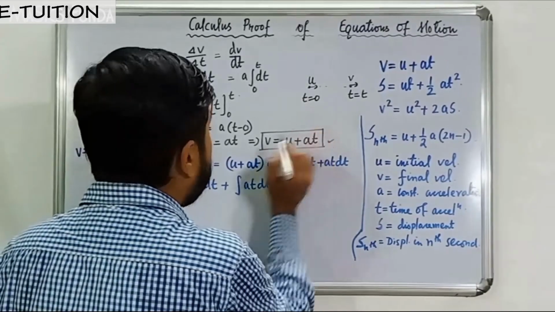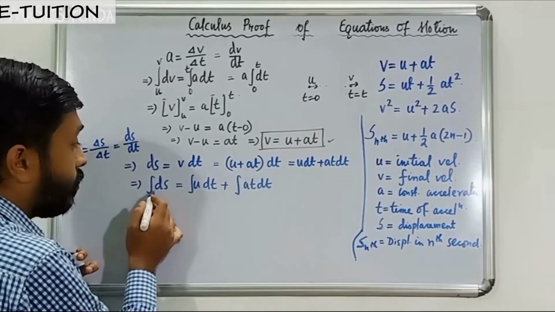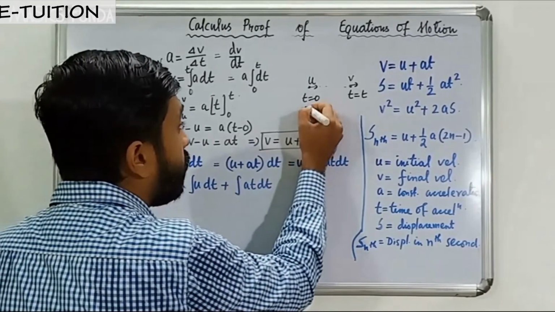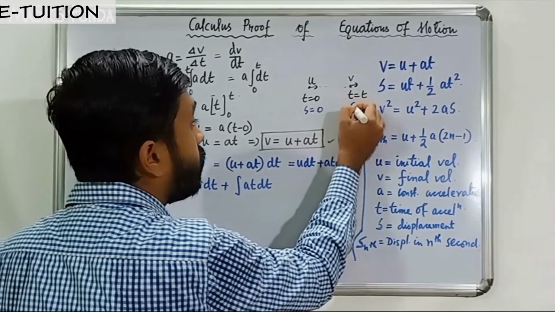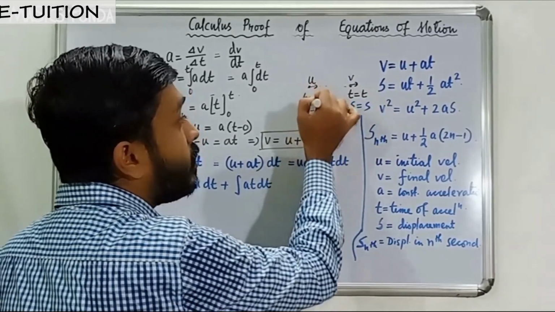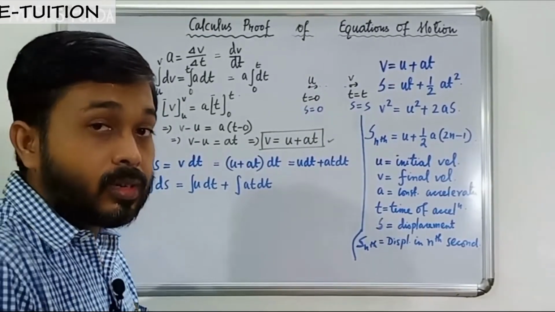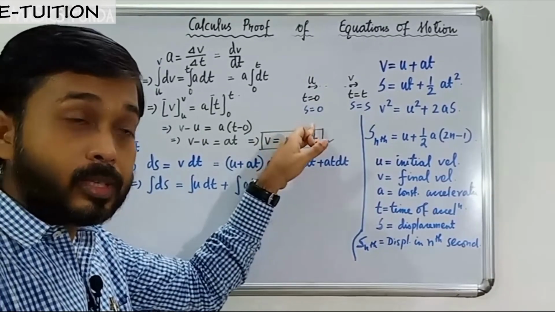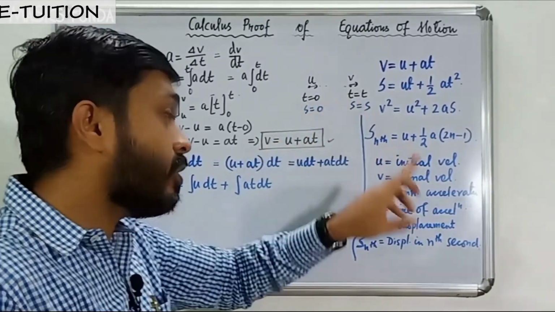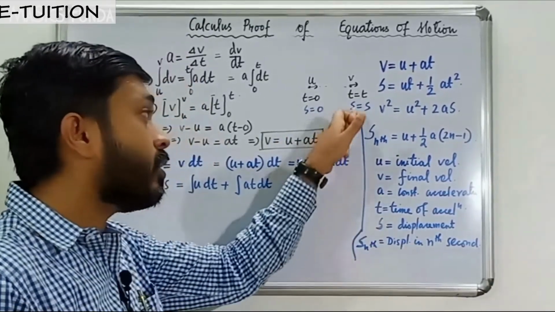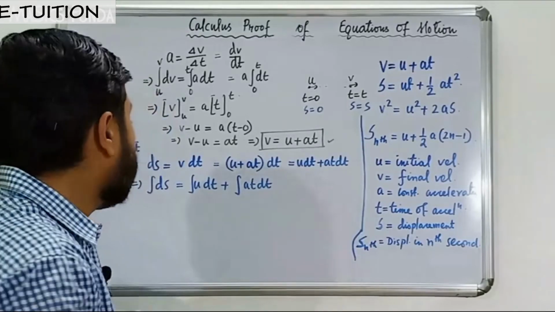The limit of integration for s is going to be s equal to 0 to s equal to s, right? Because at time t equal to 0, the moment the body has started to move under constant acceleration, its displacement is 0, and after a time interval of t, it has undergone a displacement of s.